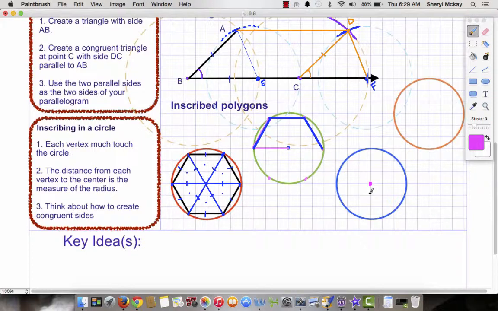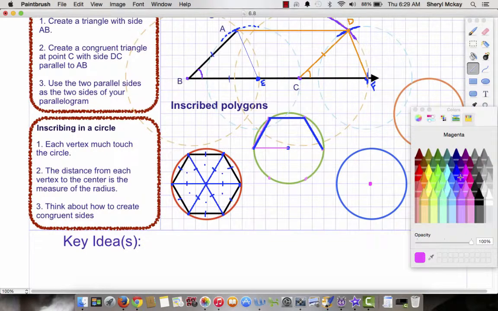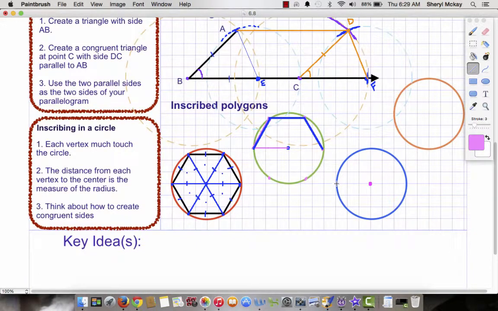And go ahead and measure your radius, and get the length of your radius again. And now what I want you to do is think about how this radius is going to help us create a triangle inside this circle.